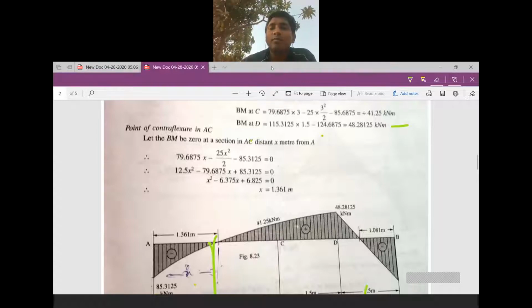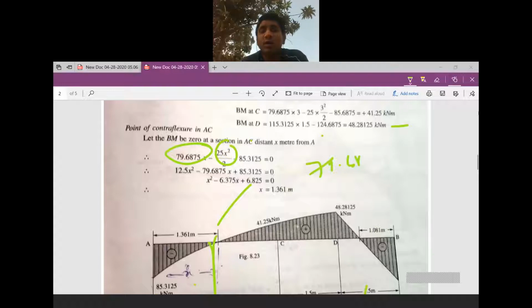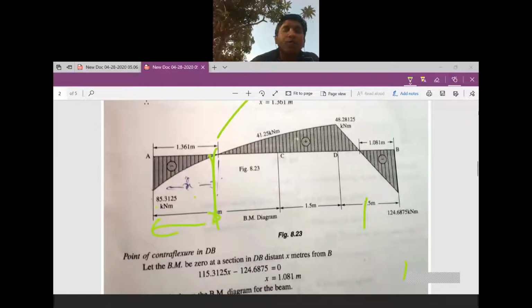This one is the VA value, 79.687 into x, minus 25 into x square by 2, minus the MB value 85.312. Simplify this and you will get the point of contraflexure, that is 1.36.